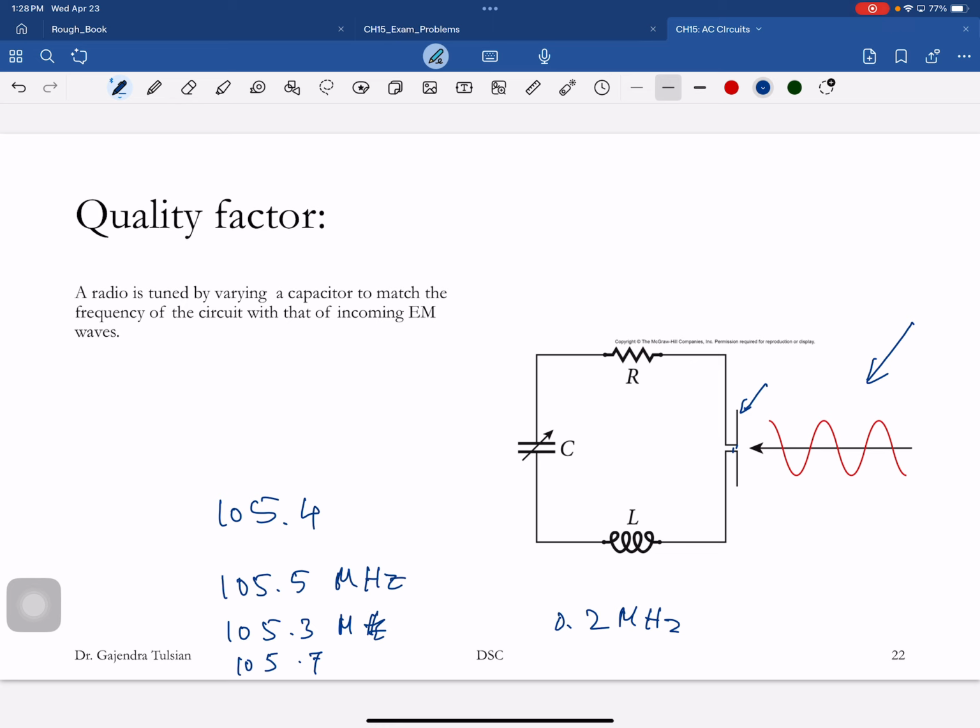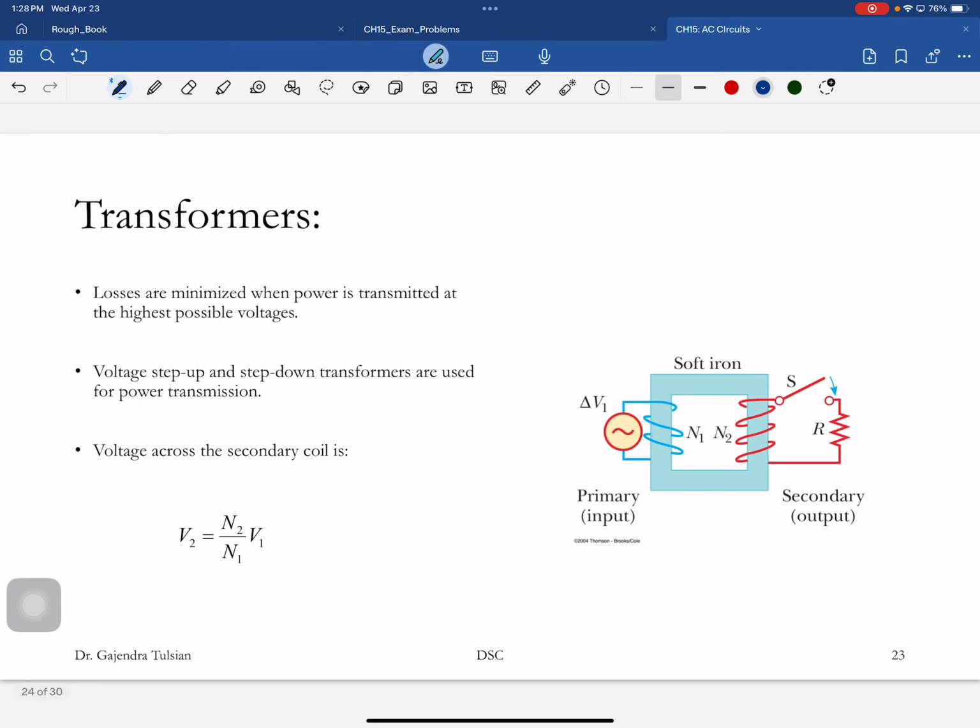Okay, and this guy will deliver maximum power to your circuit at a specific frequency, at a frequency that corresponds to XL equal to XC, omega equals 1 over square root of LC. Okay? And at that frequency, you're delivering maximum power to this guy. And that's how you tune your circuits. Okay.